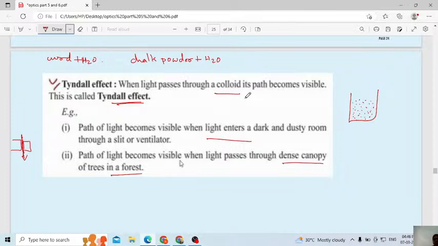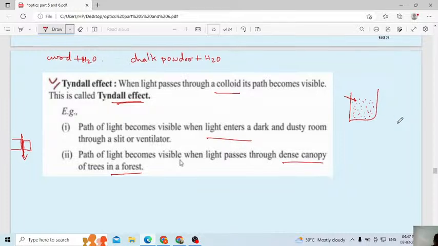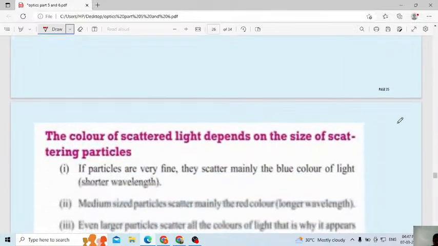In a colloidal solution, when light rays hit the small particles, they come back because of refraction, and then you can observe the path of the light rays. I think everyone has observed this at home.